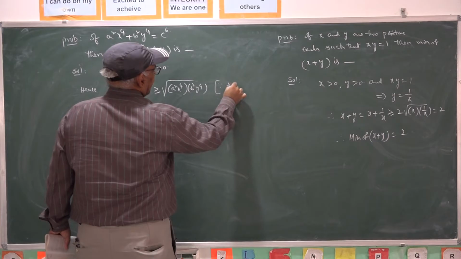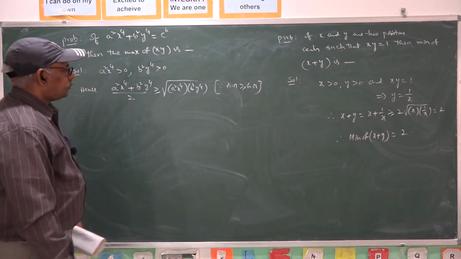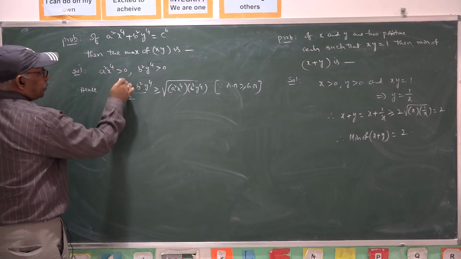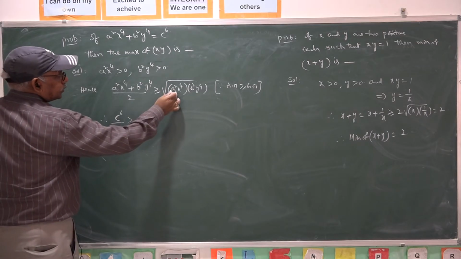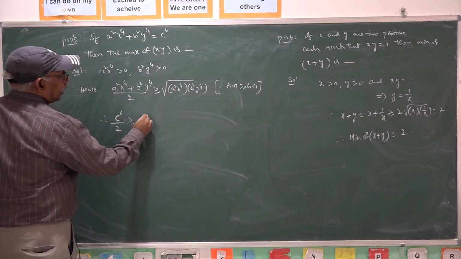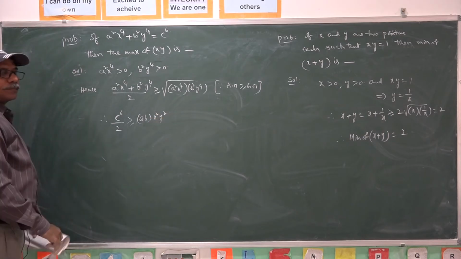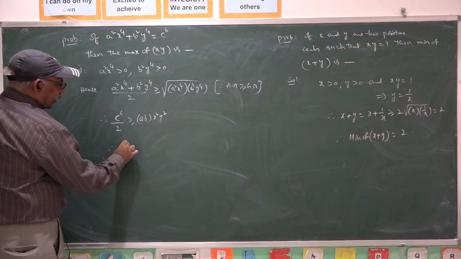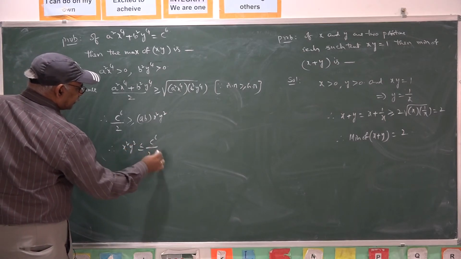Since arithmetic mean is greater than or equal to their geometric mean, hence this is c power 6 by 2 greater than or equal to ab x square y square. Hence, x square y square is less than or equal to c power 6 by 2ab.